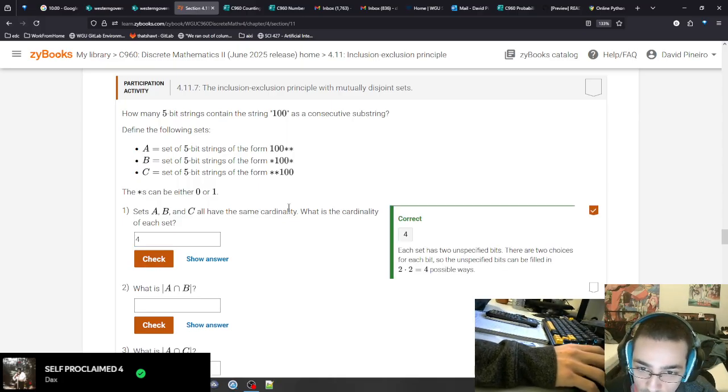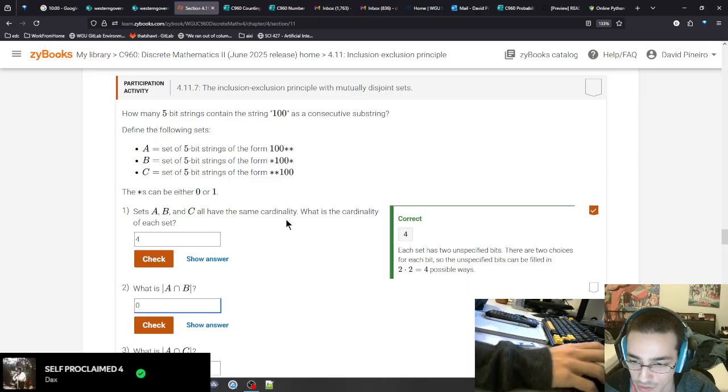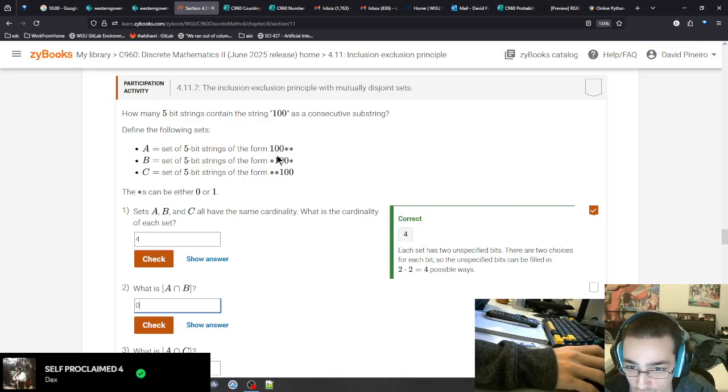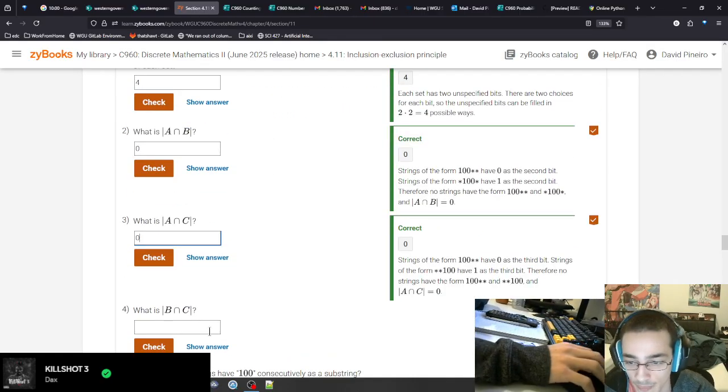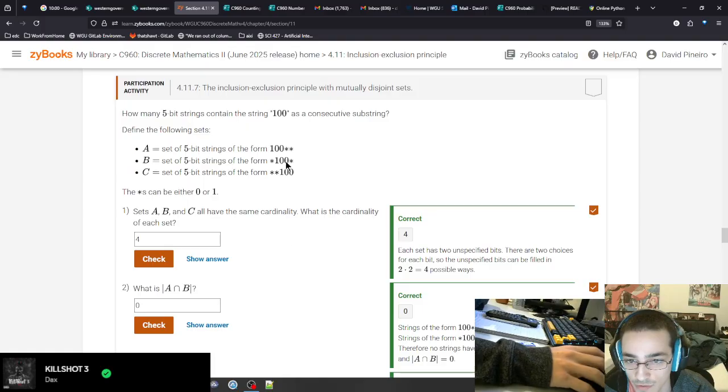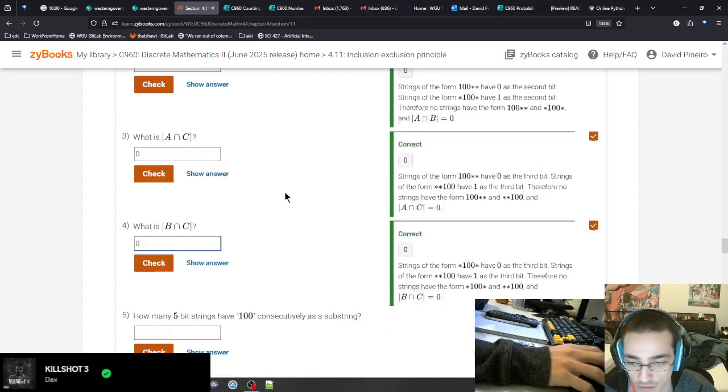Right? So anyways, A and B, this has to be 0, right? Because there's like a 1 here and a 0 here. This doesn't work out. So A and C, same deal. B and C is probably the same thing.